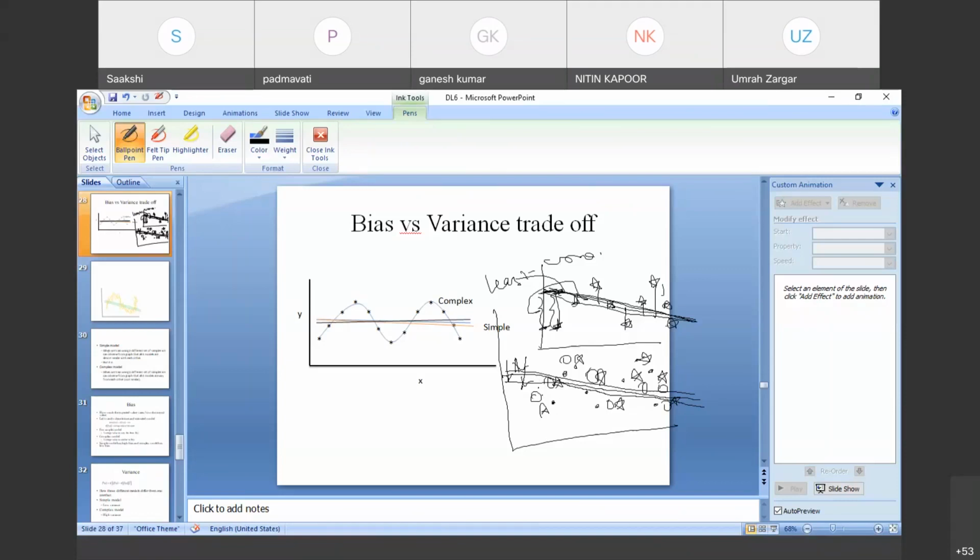But these predictions are actually far away from the actual training values. Why is this happening? We all know: we have chosen the simplest model. Suppose this red line is the model prediction, and these are the data points for which my model has generated this red prediction line.